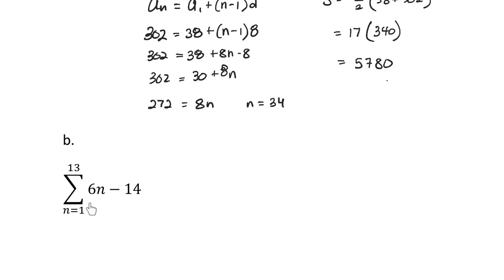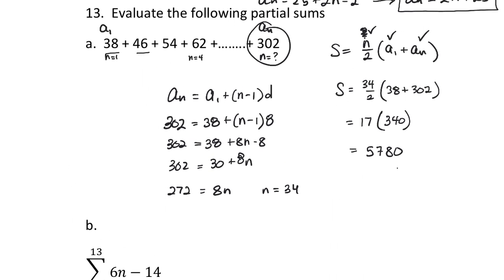Part B is a different way of looking at a similar thing. Rather than writing out individual terms of the partial sum, the partial sum is represented using sigma notation. But again, you need to be able to recognize that this is a partial sum.